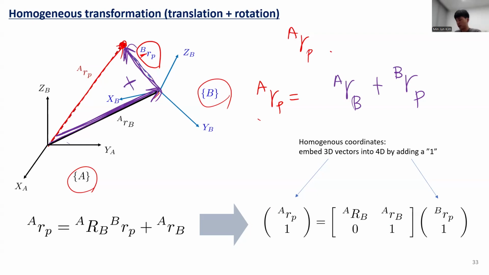However, you have to be careful. What you have to be careful about is that this one is represented with respect to frame A. That means the basis is in frame A. This one, again, is with respect to frame A, but this one is written with respect to frame B. So a vector is basically just an array of numbers. I'm just repeating.